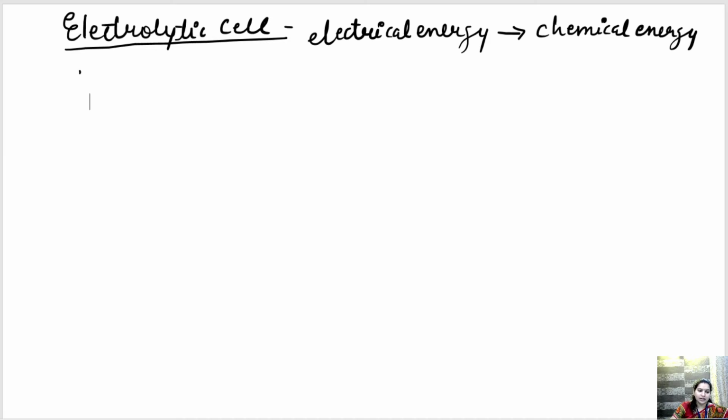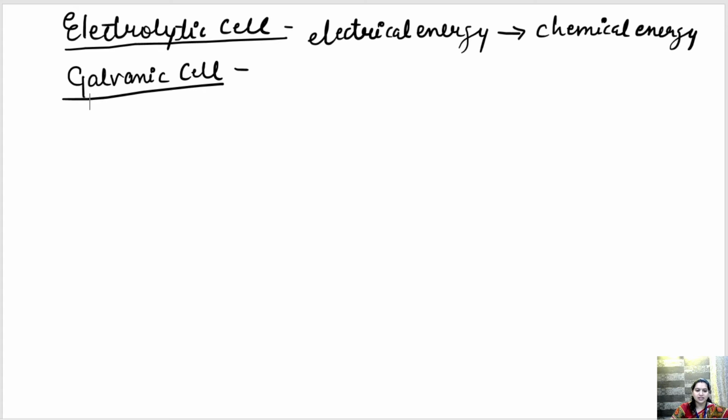But the galvanic cell is just the opposite of it. Galvanic cell or voltaic cell is what we use in a battery or in certain appliances that work with a battery or a cell. In all those appliances, the procedure of the galvanic cell is used.